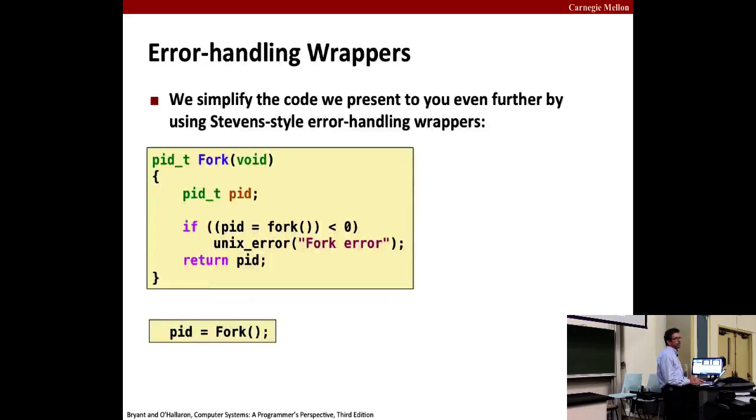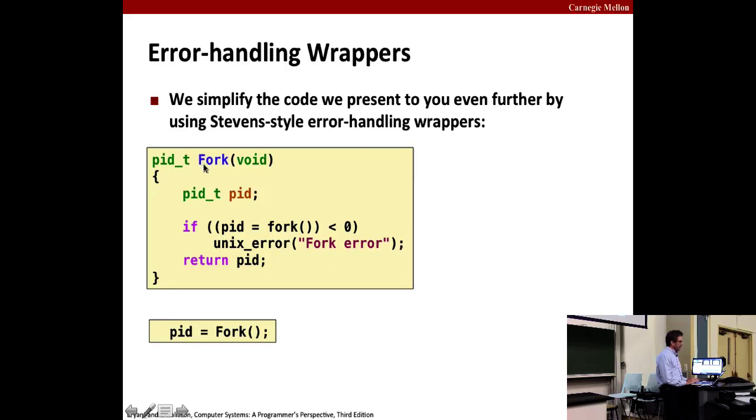But we'll go even further than that, and we'll define these wrappers, which were pioneered by a great technical writer named W. Richard Stevens. What we do here is replace each function with a wrapper that has the identical interface as the original function, with the first letter uppercase.